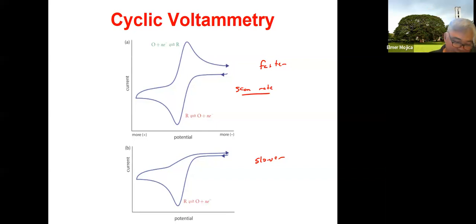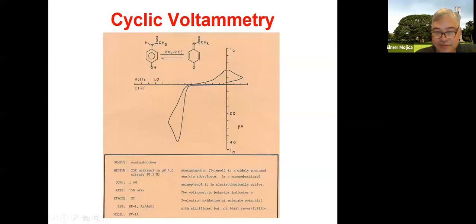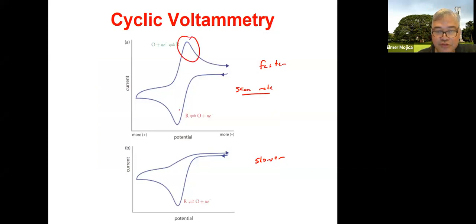So what's the possible interpretation here? At faster, we see what? 1, 2 peaks. Okay. At a slower, we only see 1 peak. So what does it mean?